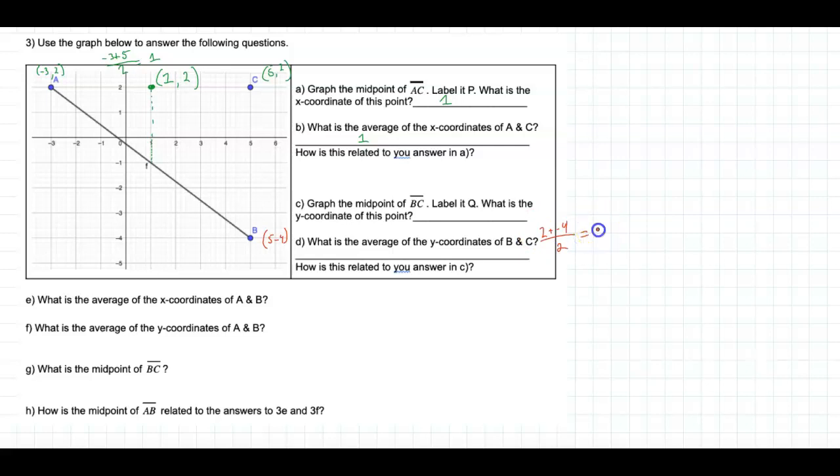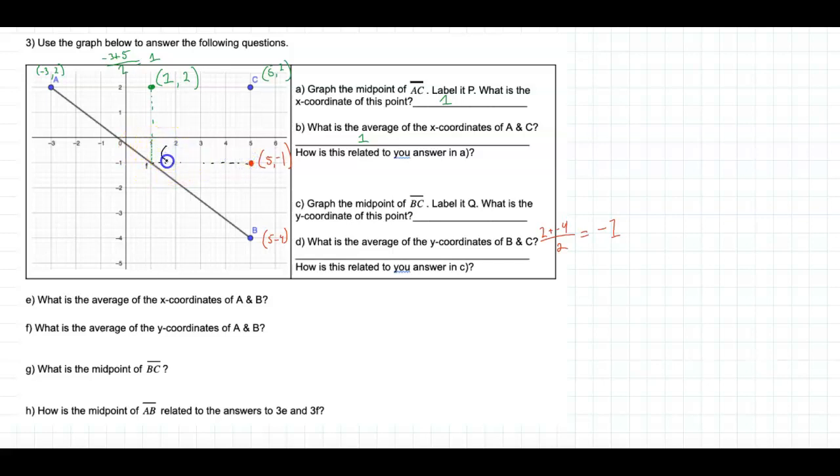That is going to be -2 over 2, so -1. So that is going to be here, right? Right here. So this is at 5 and -1.